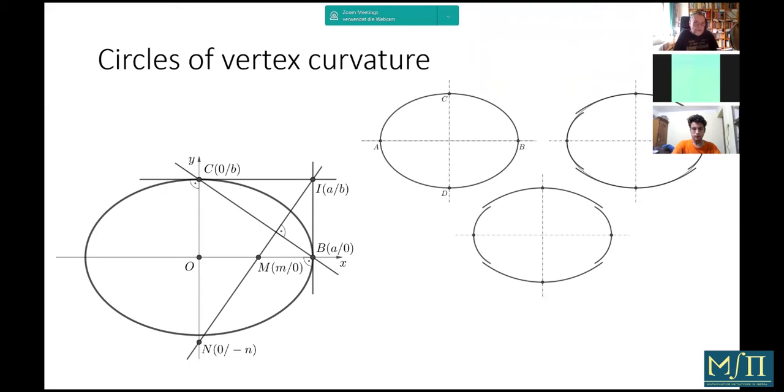And that's one of the interesting advantages of the circles of vertex curvature that have been constructed here. These circles are so close to the ellipse itself when you stay close to the vertices where they are tangent, that you can actually use them for drawing purposes.